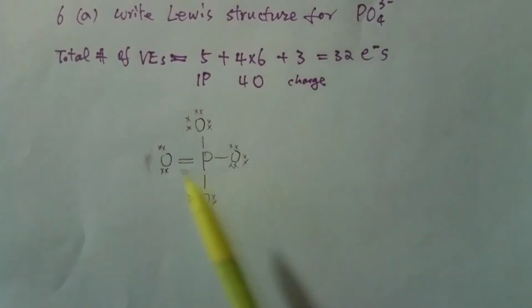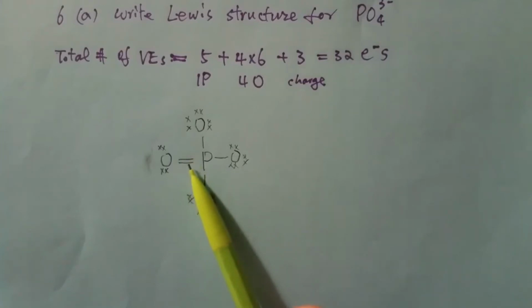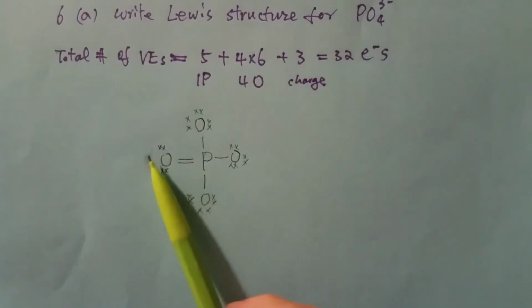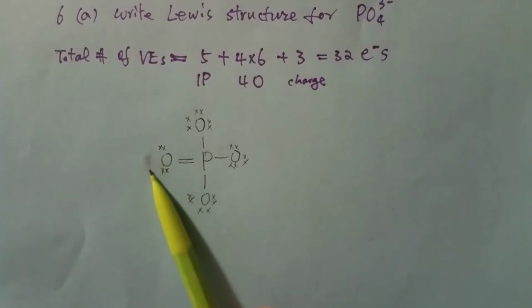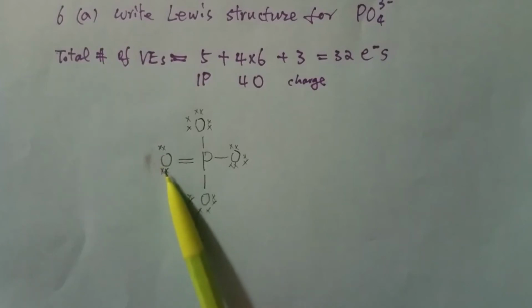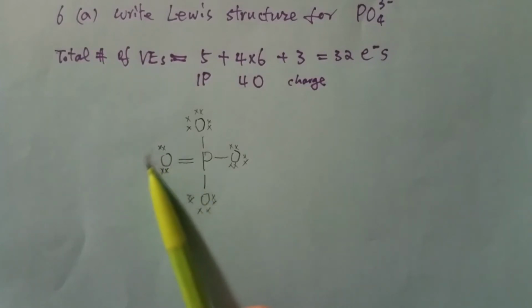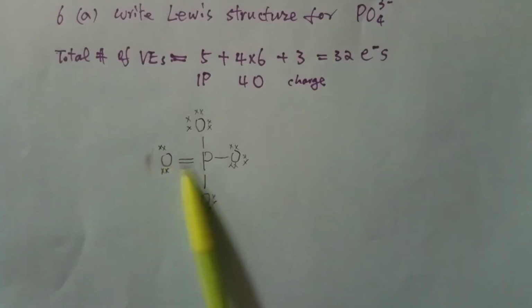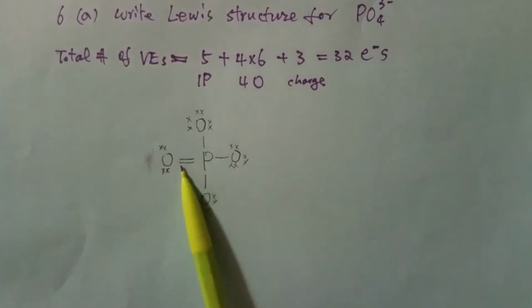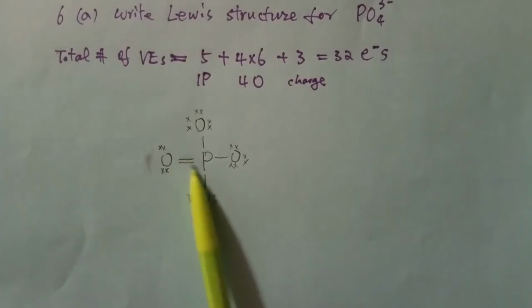Now the question is, why did I not assign the last 2 electrons here as non-bonding electrons, as a lone pair, as we call it? Why place the last 2 electrons here, forming the double bond?